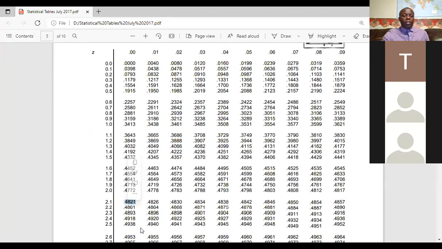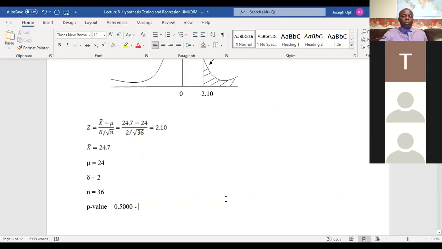See, 0.4821. Write down 0.4821. So our p-value becomes 0.5 minus 0.4821.